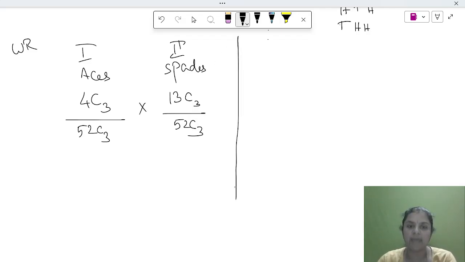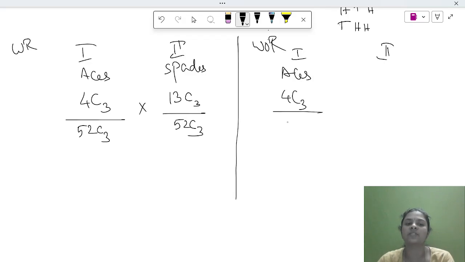Now if it is the same question, but we are going to do it without replacement, the first activity does not change. The first card draw produces aces, 4c3 by 52c3. And now come to spades. In spades, there is one ace of spades that is already covered here. So now how many spades are left?